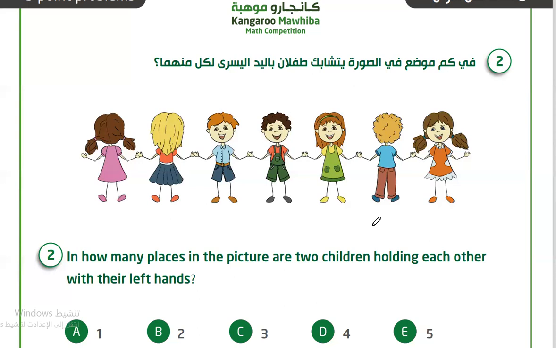They gave us an illustration. First, we're going to see. Here it's left and here is right. But this girl, she's holding her hand, so we're going to count this girl. And here also, we're going to count him.